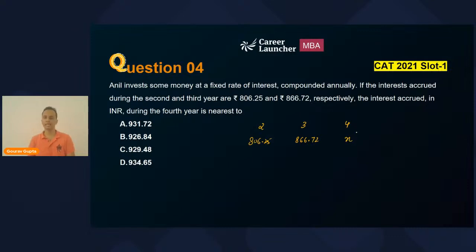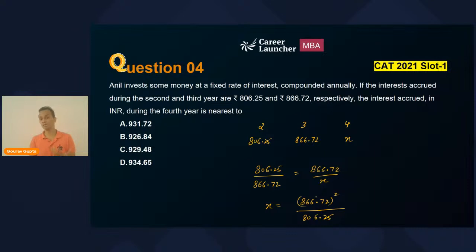So let it be X. So you can say that the ratio of the interest of second year and third year, 806.25 divided by 866.72, will be equal to the ratio of the interest of third year and fourth year. That is 866.72 divided by X. So the interest of fourth year X will be equal to 866.72 square divided by 806.25.